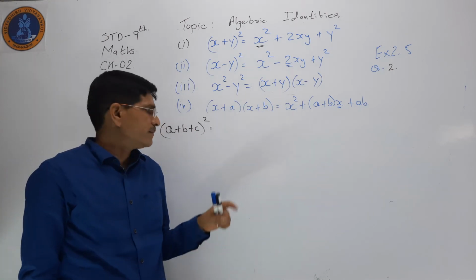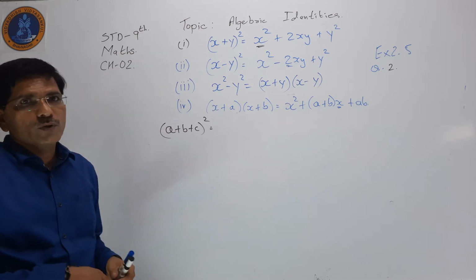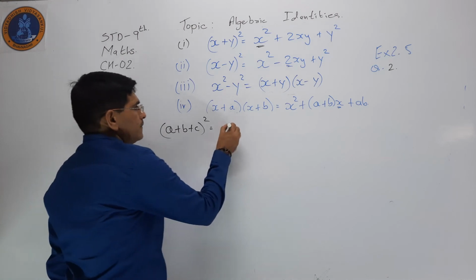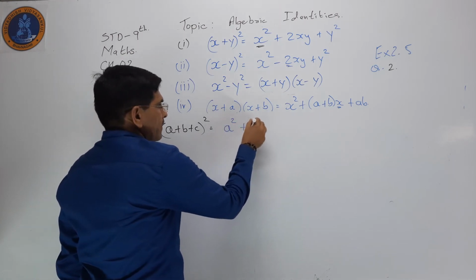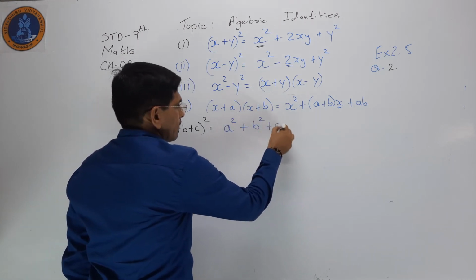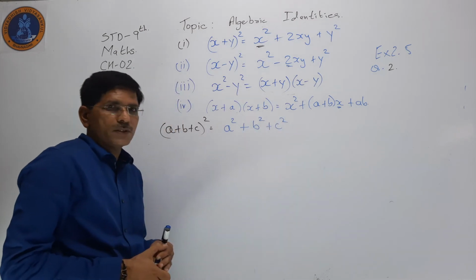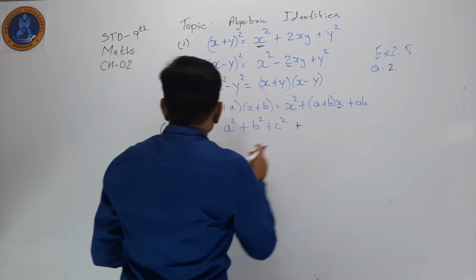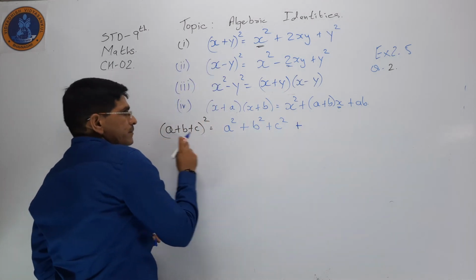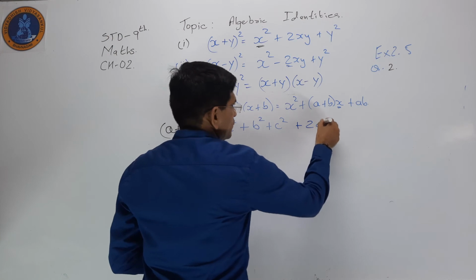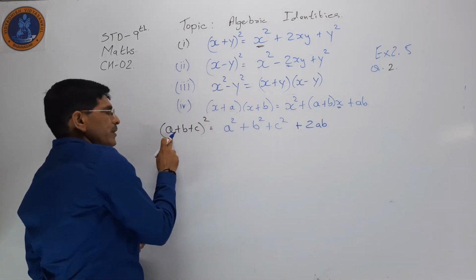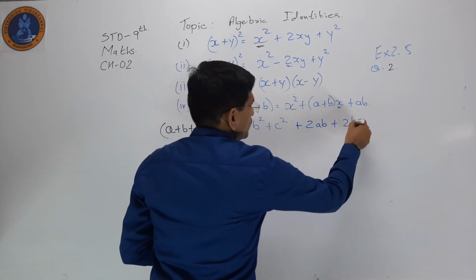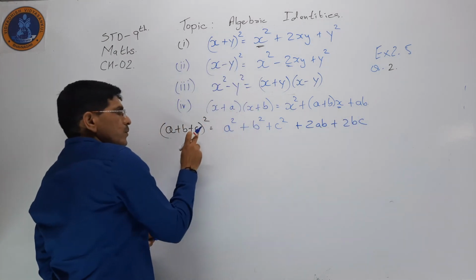So (a plus b plus c) whole square, 3 terms are there now: a square plus b square plus c square, plus 2 into a into b, 2 into b into c, and 2 into a into c.